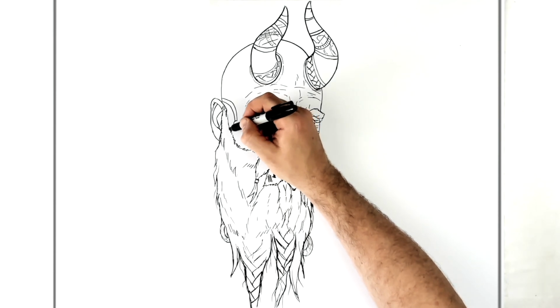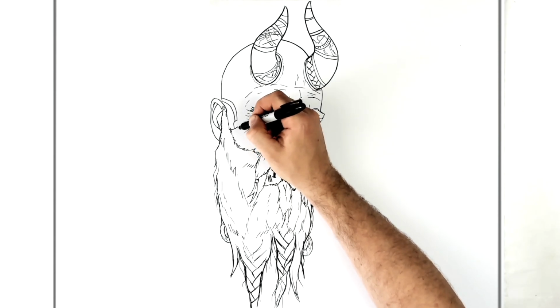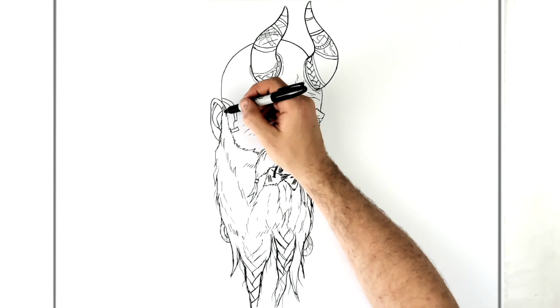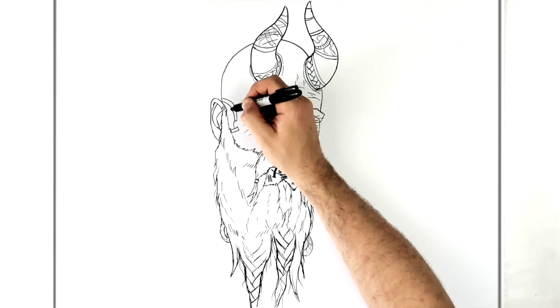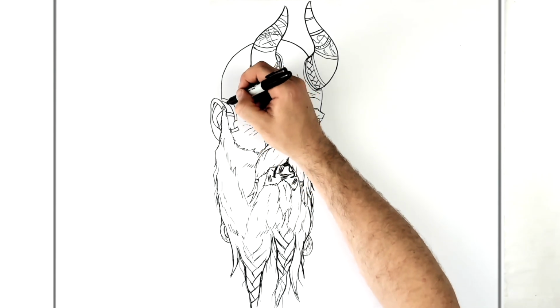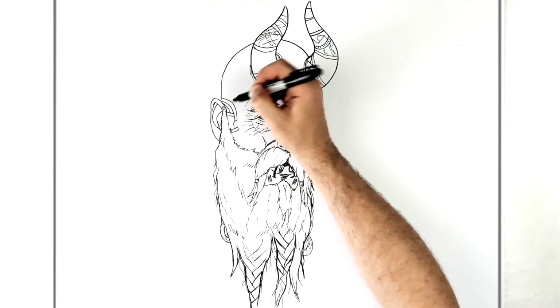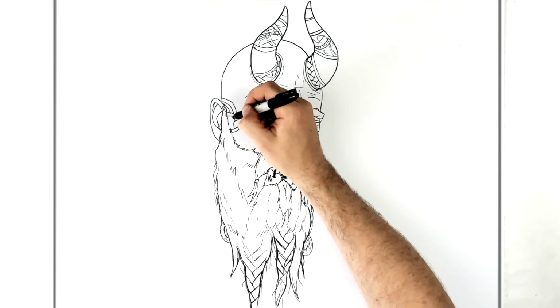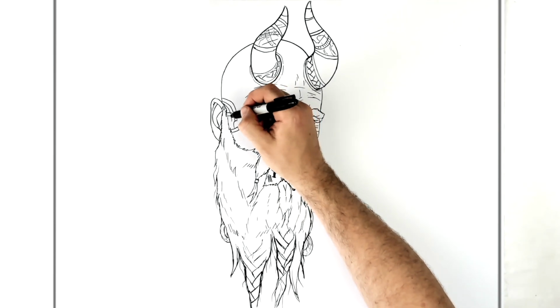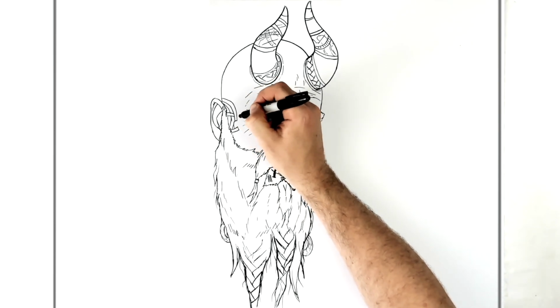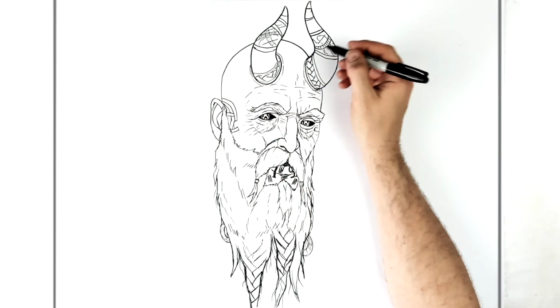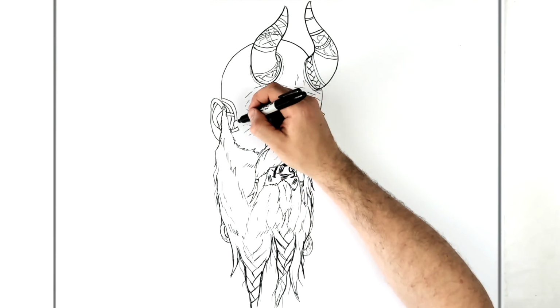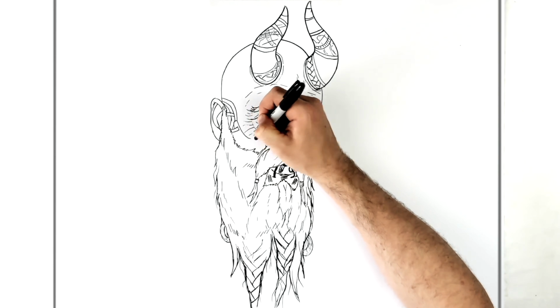All these Celtic knots and Viking knots and stuff can be pretty complicated. So we'll do our best. Another one here. Underneath. And this one goes down around his face.